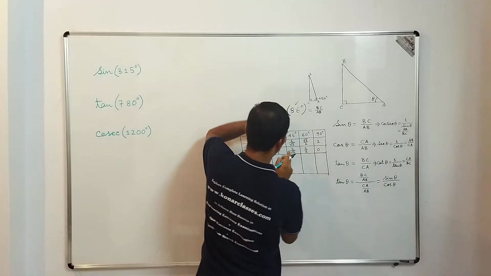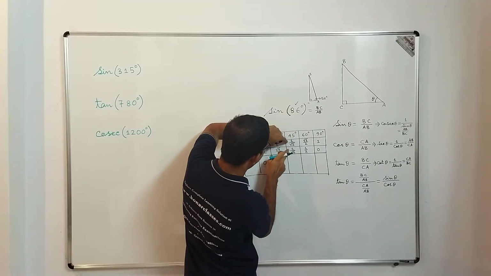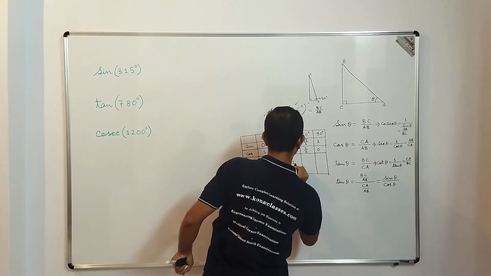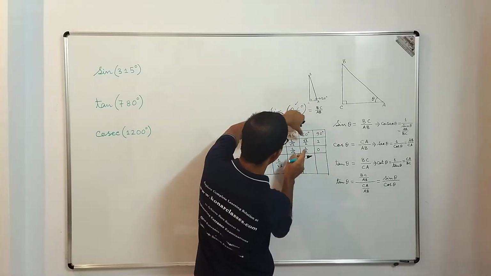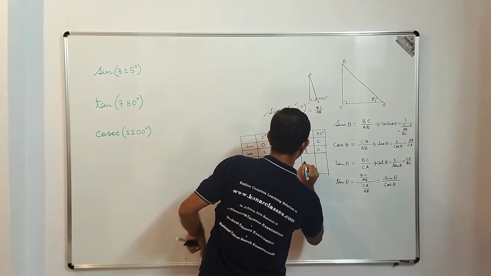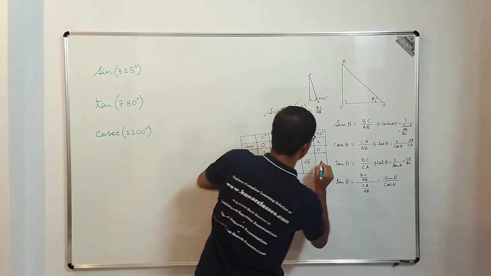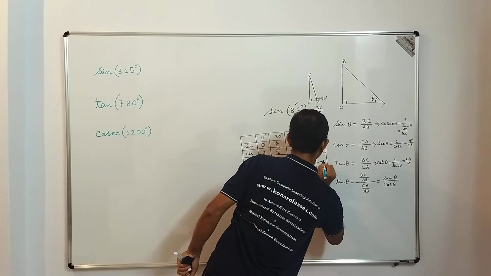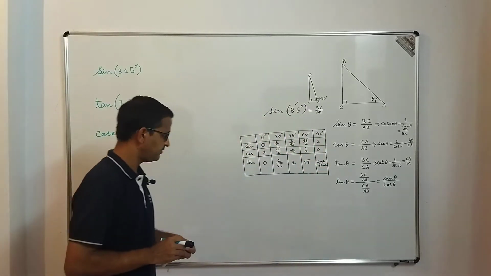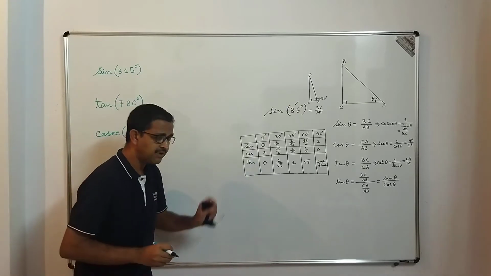Tan 45 degree is equal to 1 by root 2 divided by 1 by root 2, that is equal to 1. Tan 60 degree is equal to root 3 by 2 divided by 1 by 2, that is equal to root 3. And tan 90 degree is equal to 1 by 0, that is undefined. Something divided by 0 is undefined. So this is the way you can remember these values.